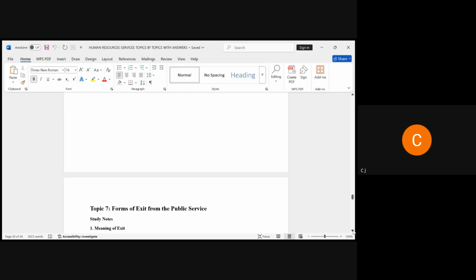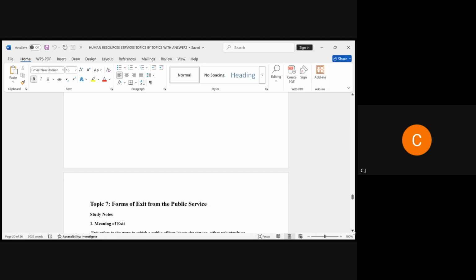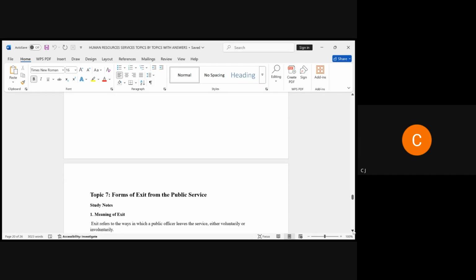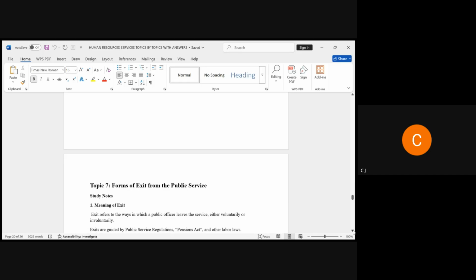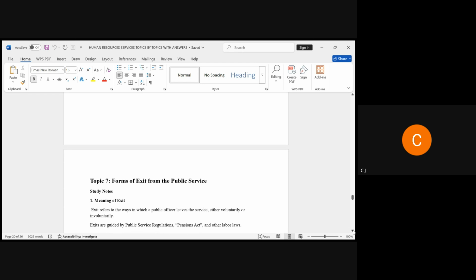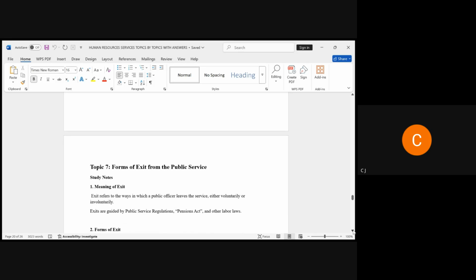Forms of exit from the public service. Meaning of exit refers to the way in which a public officer leaves the service, either voluntary or involuntary. Exit is guided by the Public Service Regulations, Pension Act, and other labor laws.